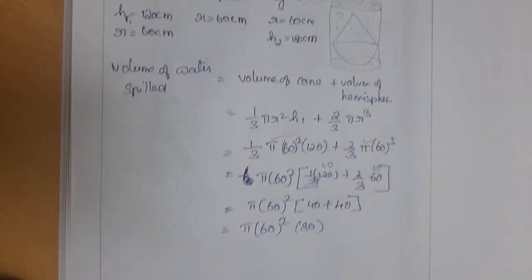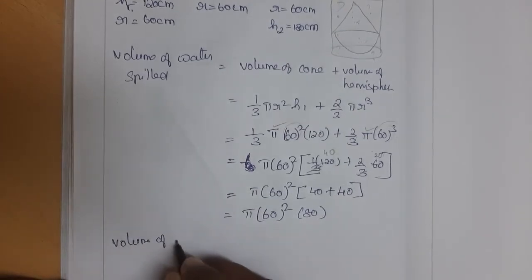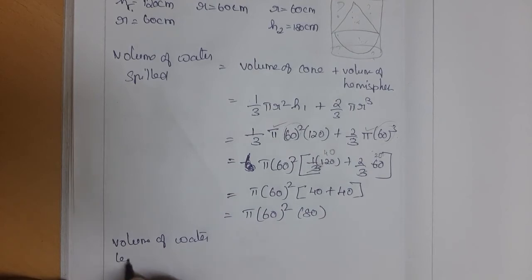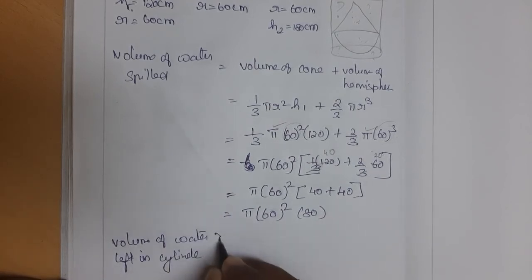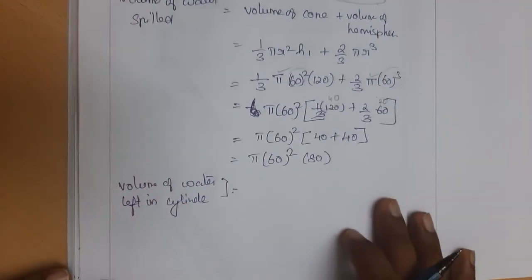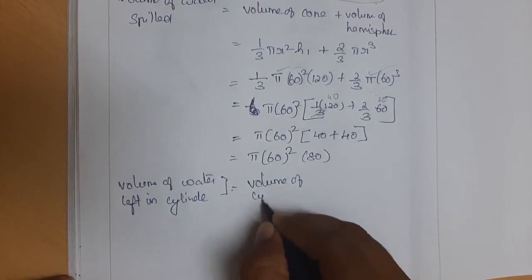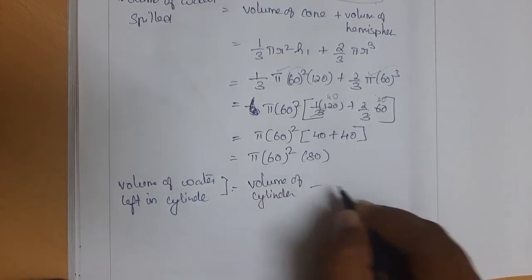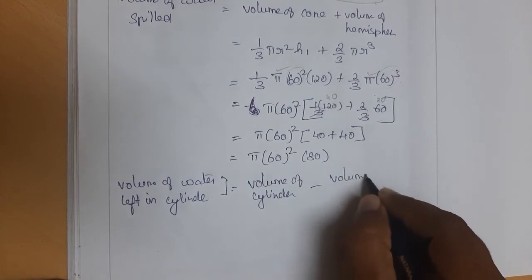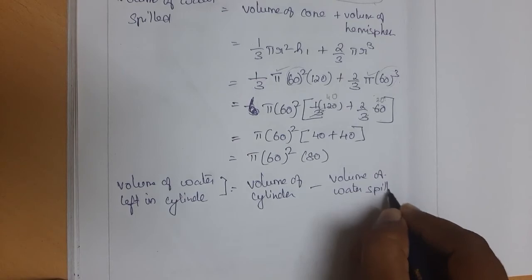So now we need the volume of water left in the cylinder. The volume of water left in the cylinder is equal to the volume of the cylinder minus the volume of water spilled.